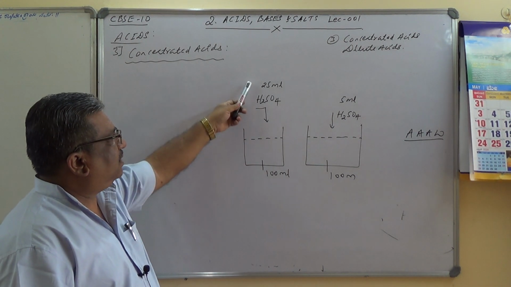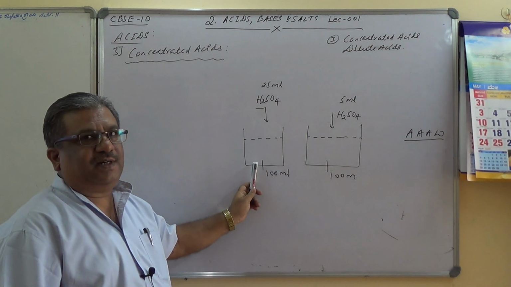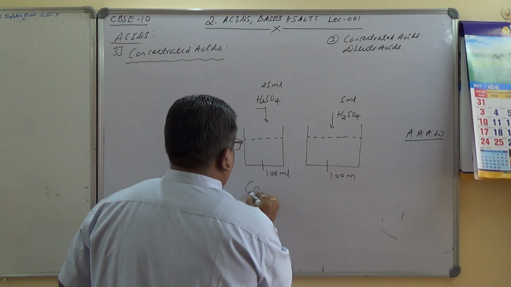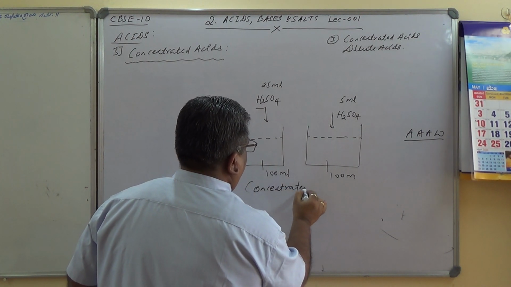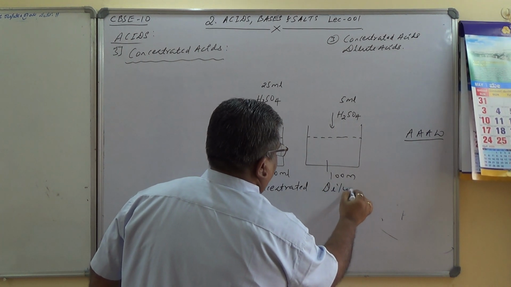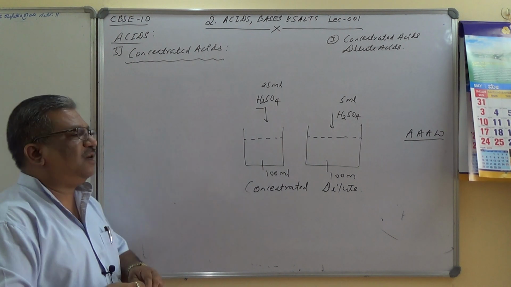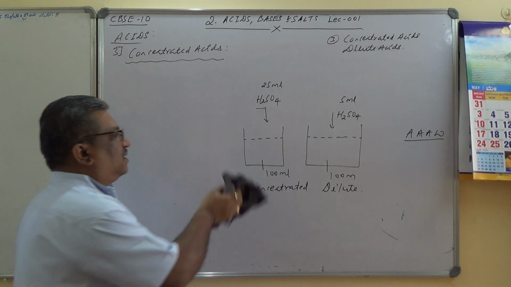Now this 25 ml is present here. Here only 5 ml. Therefore this is a concentrated acid and this is a dilute acid. So I can write here concentrated, and here it is dilute acid, because it depends upon the relative percentage or the relative quantity of acid in aqueous solution. I hope you are able to understand this.